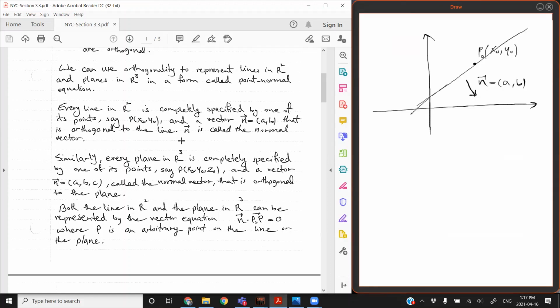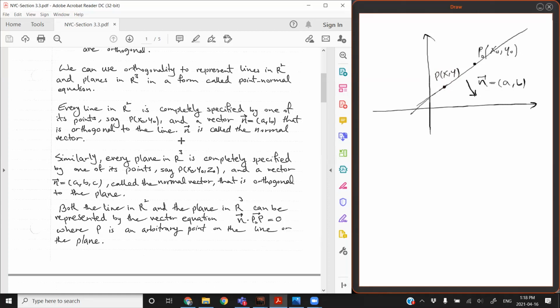So if I have one point from a line in R2, and I have one vector that is orthogonal to that line, I can draw the line. Yes, I should also be able to find an equation for that line because it's a unique line. So how do we do that? I'm going to call an arbitrary point on this line P(x, y).